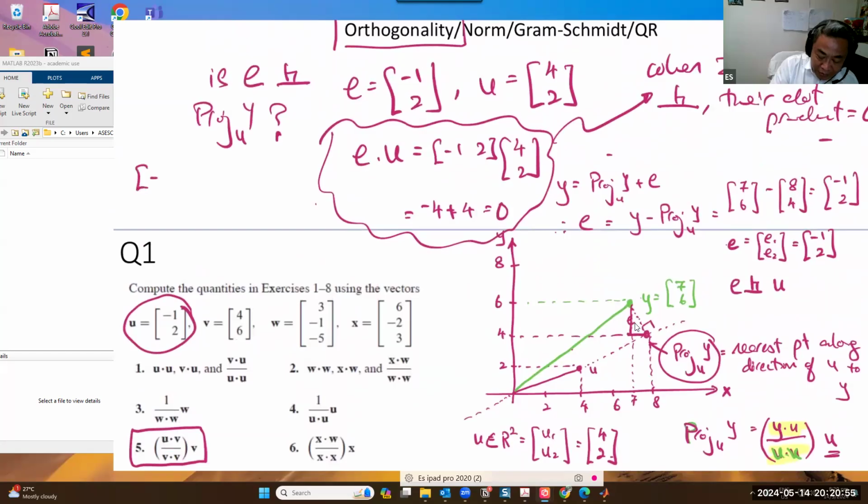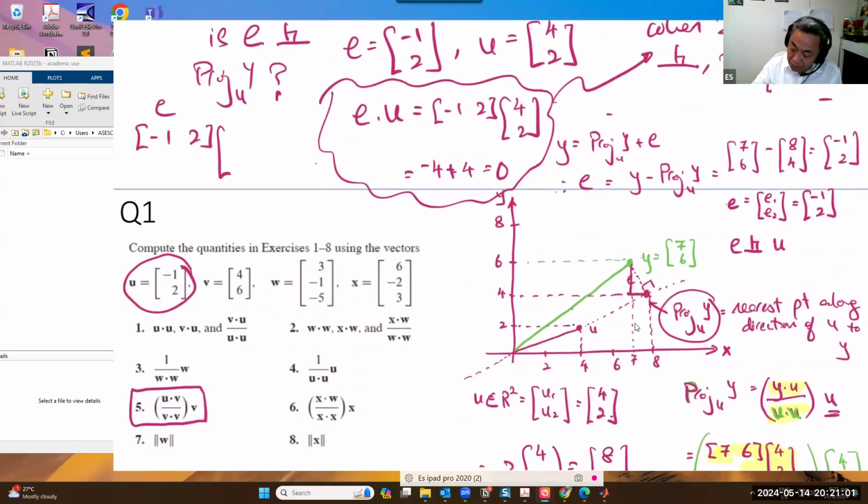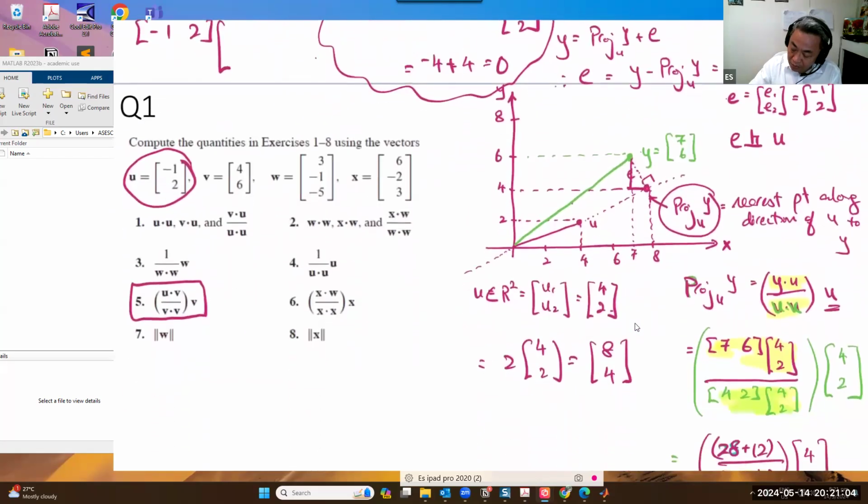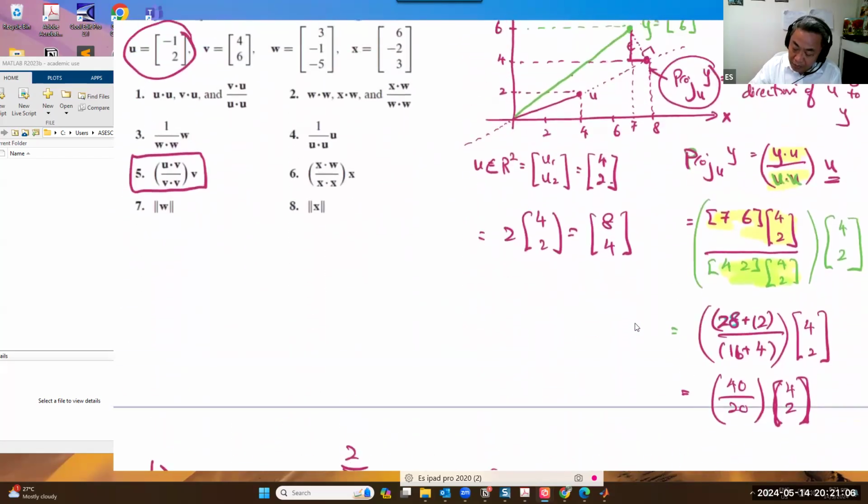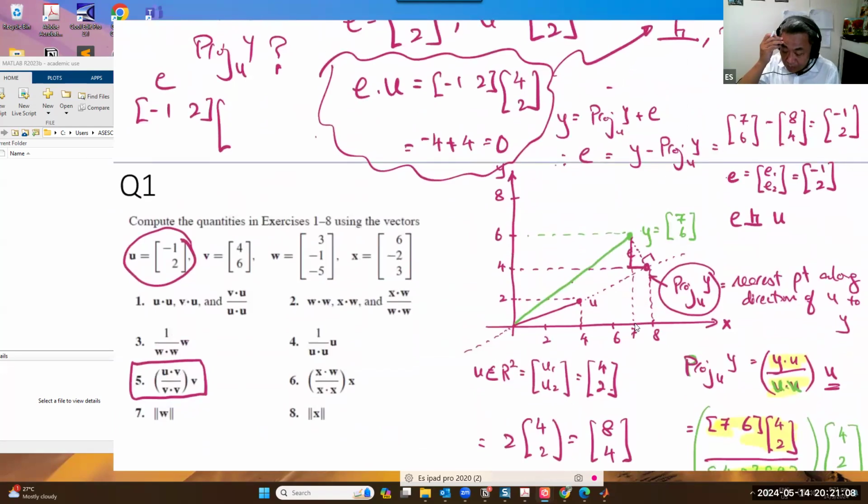e is minus 1, 2. This is e. The projection of y onto u is, what's my number? The projection is 8, 4. Okay, 8, 4. And this again is e, and this is the projection of y onto u, and the answer is minus 8 plus 8, 0.